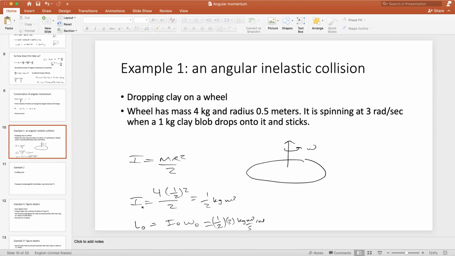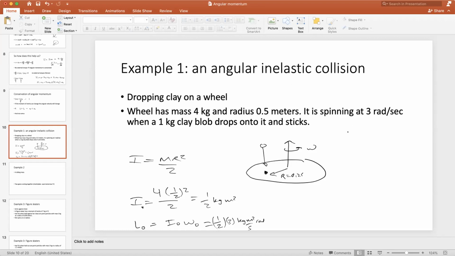And then let's say I drop a 1 kilogram clay blob and it sticks, and it's going to be at R is 0.25, we're assuming it sticks and there's no weird forces happening. It just sticks without causing a torque to the angular momentum. What happens to the speed of the wheel if that happens?